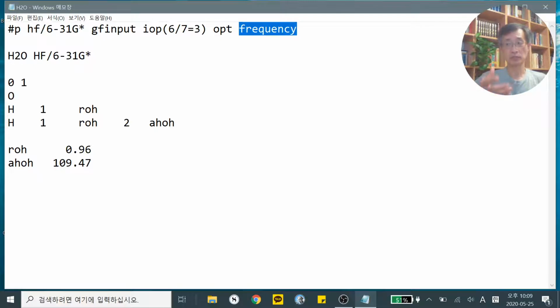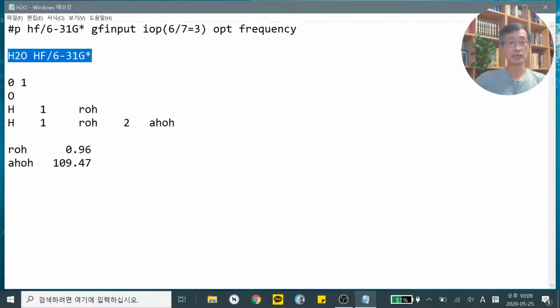So it will generate the second derivative and then diagonalize it, and then give us the frequency. And then there is a blank line, and then there is a kind of title or comment describing what the calculation involves. And also another blank line.